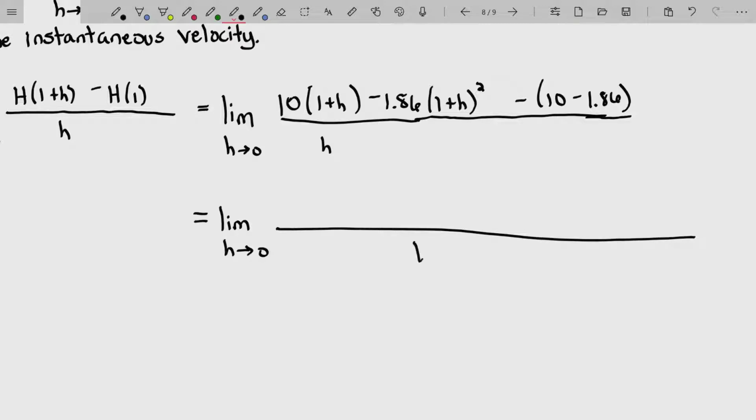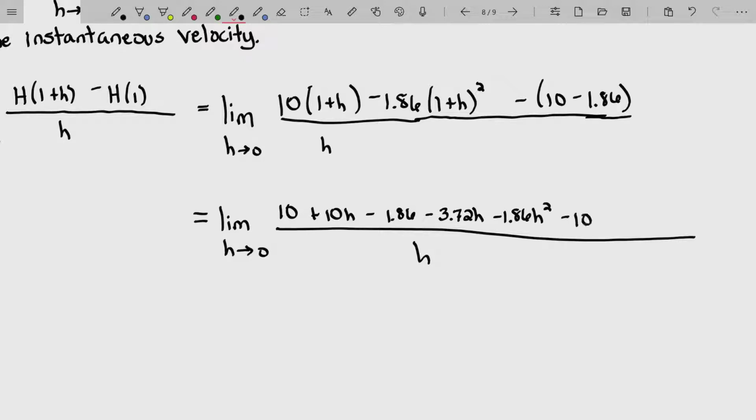So this is going to be a big old fraction bar with an h in the denominator. Distribute that. That's 10 plus 10h minus 1.86 minus 3.72h minus 1.86h squared. Let me just double check that. Yep.